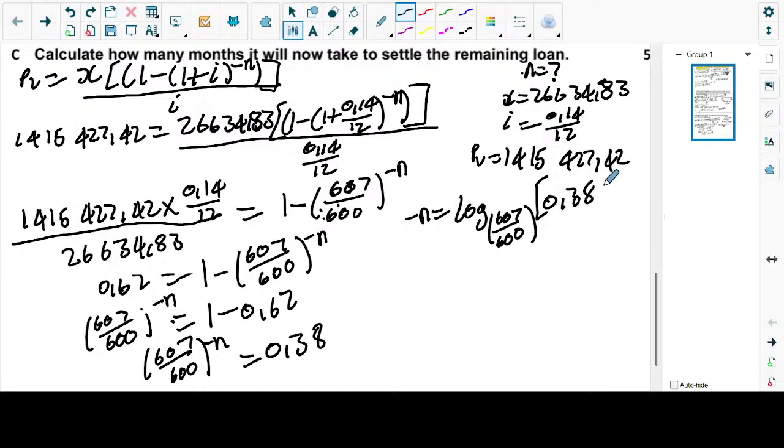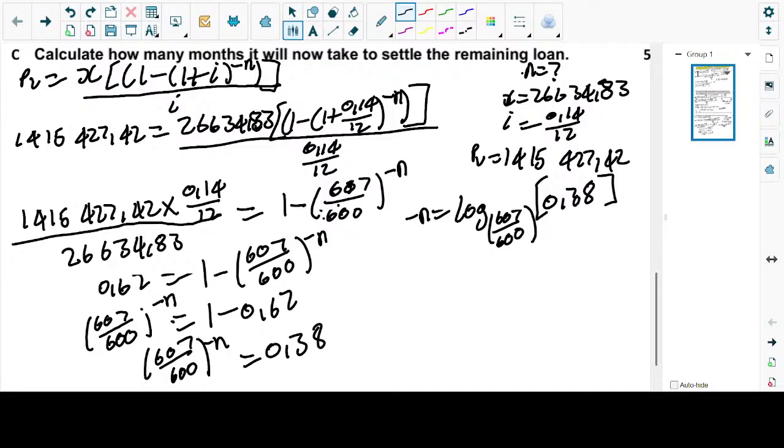Now we go to our calculator. We have the log, open bracket, fraction of 607 all over 600. Just to be on the safe side, just say 1 minus the answer.